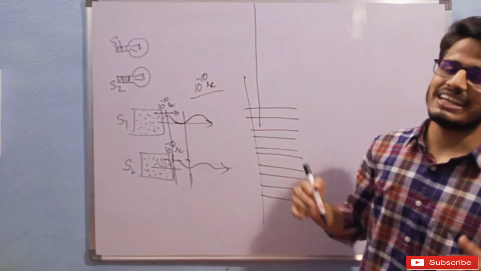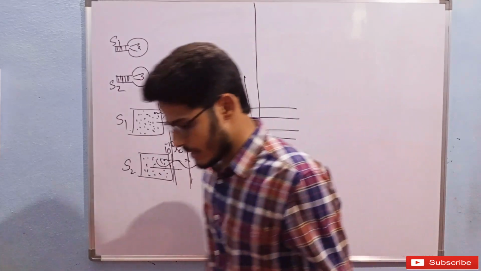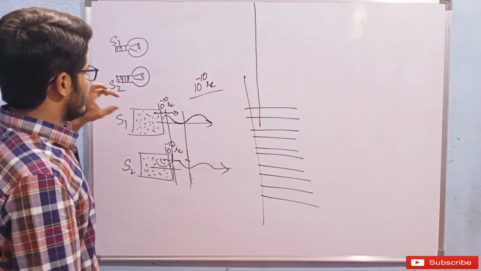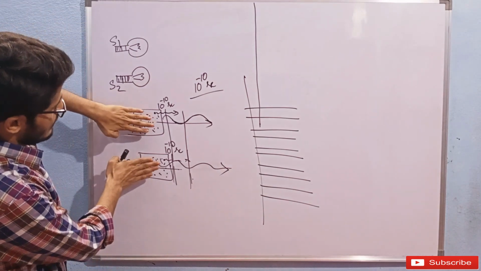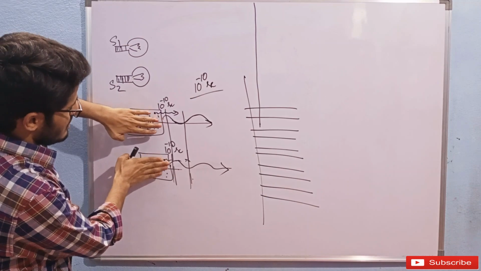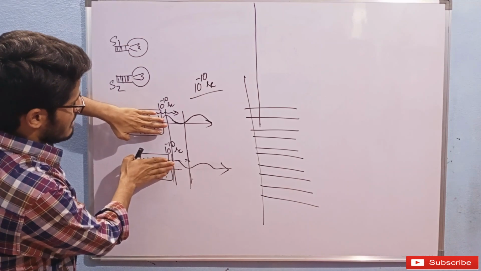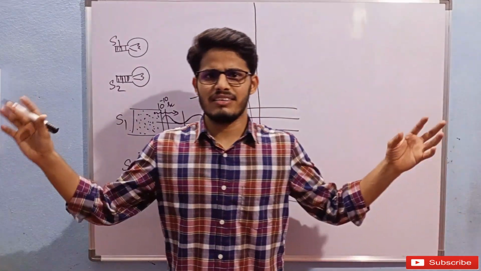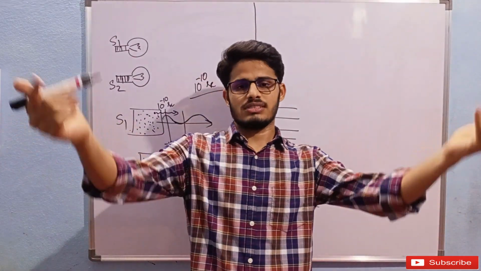But that pattern is not stationary, because these two sources do not have any fixed phase relation between them. So the problem is that you can't just have an interference pattern with any two light sources.